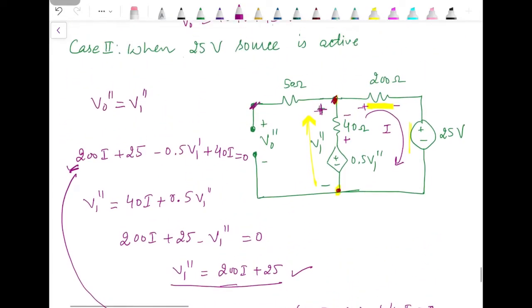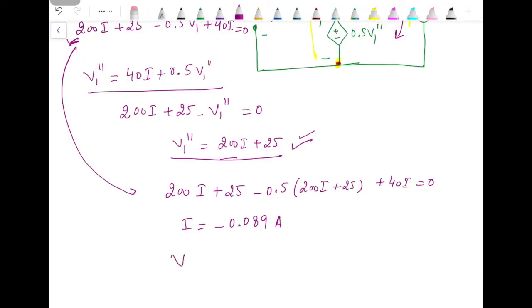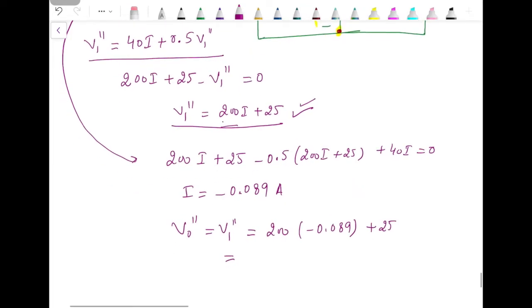Once we have this value, then by using this equation or this equation, we can calculate V naught double dash, which is the same as V1 double dash. So if I substitute in this equation, then 200 into minus 0.089 plus 25, this is 7.143 volts.